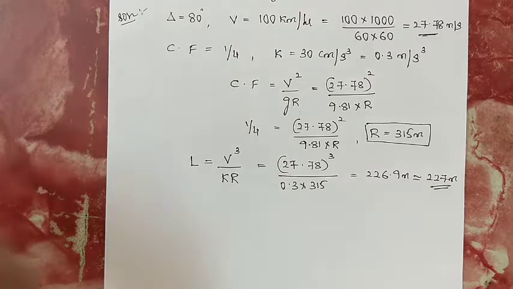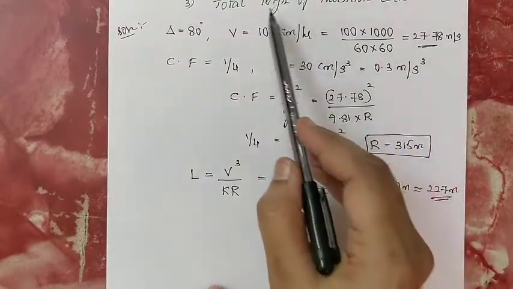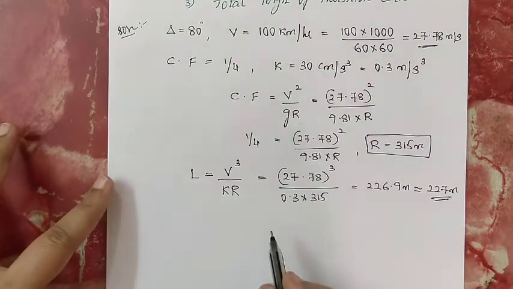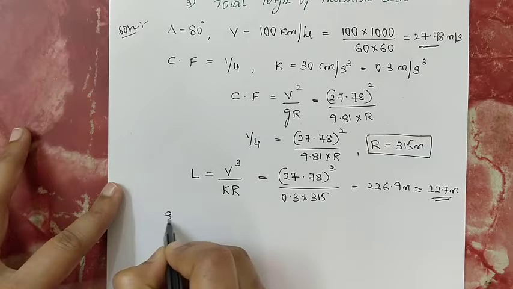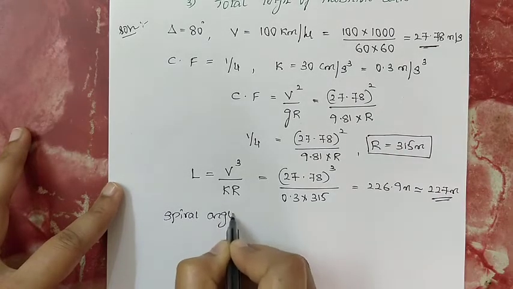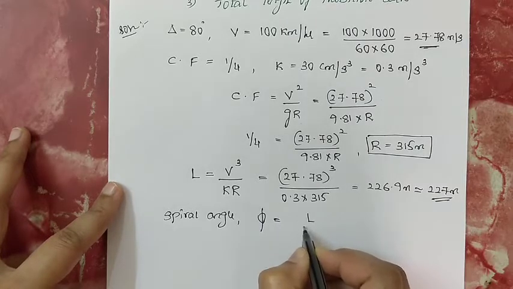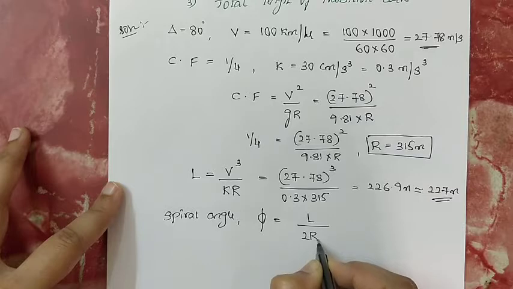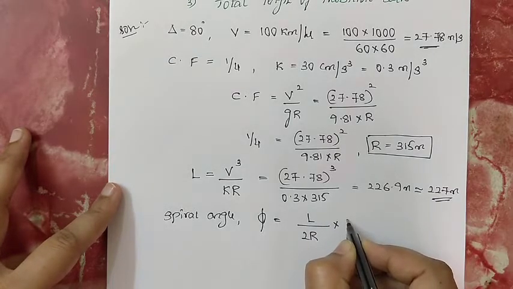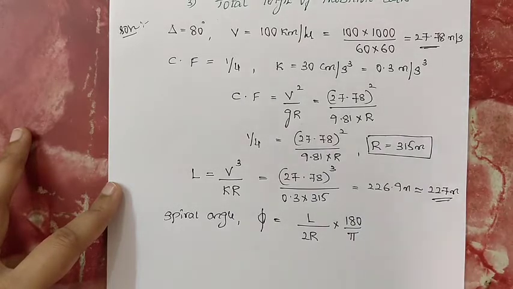Next, you need to calculate the total length of the transition curve. In order to calculate that, first thing you need to calculate is the spiral angle. It is denoted by phi. That will be equal to L divided by 2 into R, which should be converted into degrees, multiplied by 180 divided by pi.